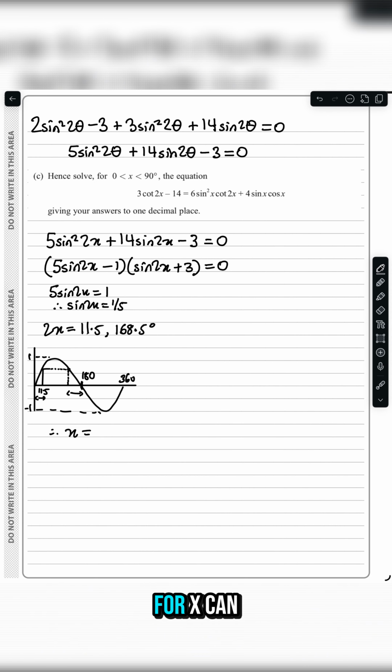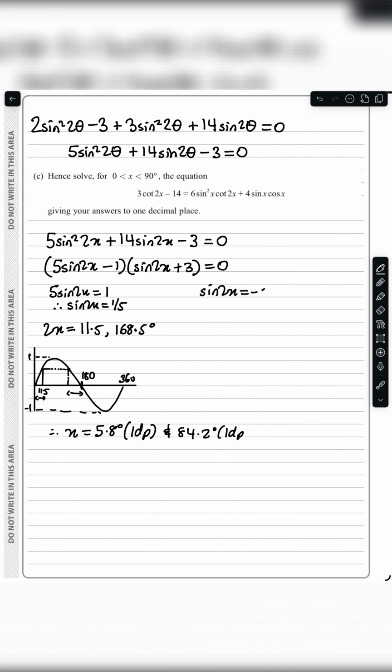Therefore, the values for x can be obtained by dividing each of these values by 2. So we get 5.8 degrees to 1 decimal place and 84.2 degrees to 1 decimal place. And given that sine 2x equals minus 3, we will have no real solutions because the minimum value for sine 2x is minus 1.